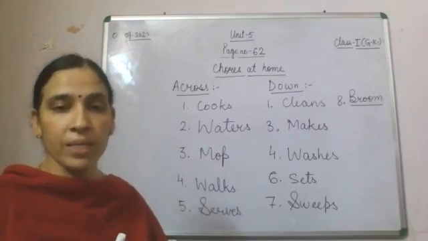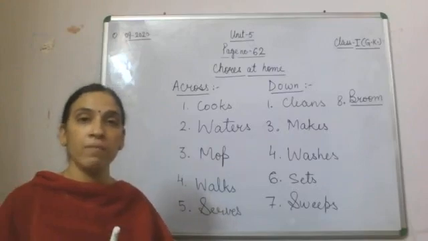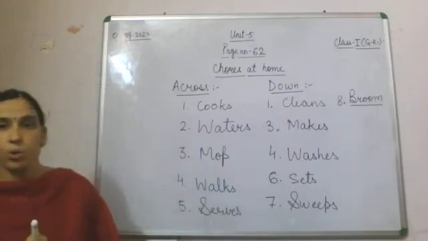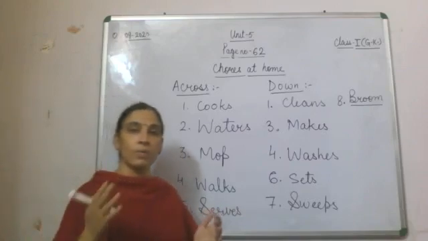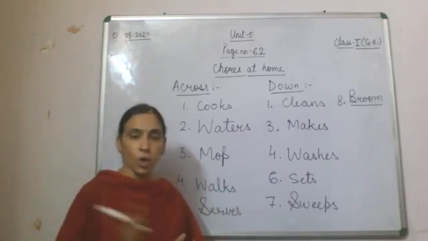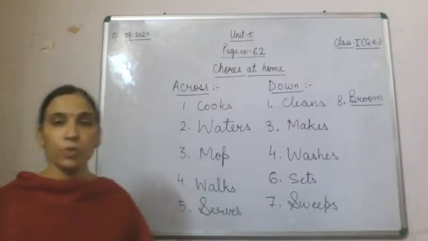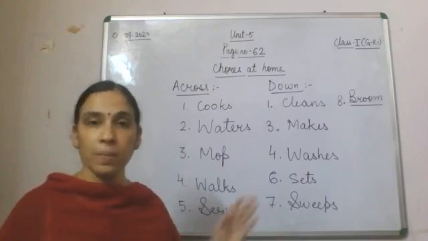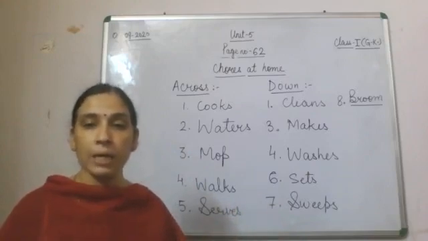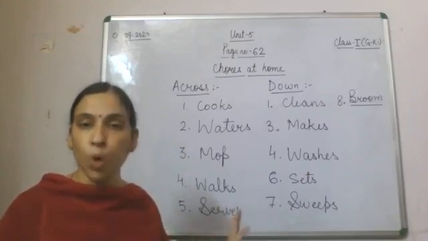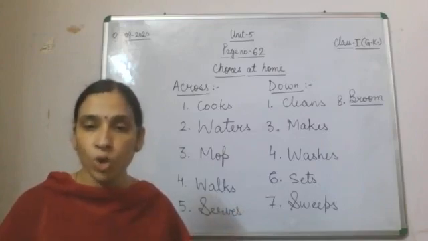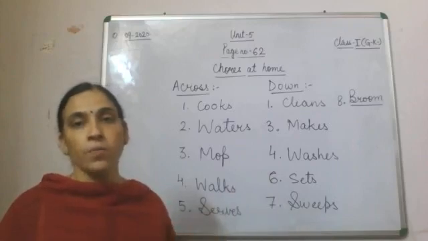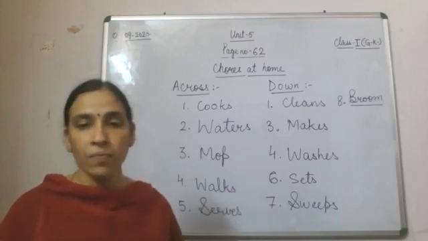Now what we have seen here in this word game, we have found different words which we will do at home. Like in across we have seen that mother usually cooks the meal, then every morning Suzanne waters the plant, then Betty and her brother John take turns to mop the floor, and Ron goes for walks with his dog every evening.